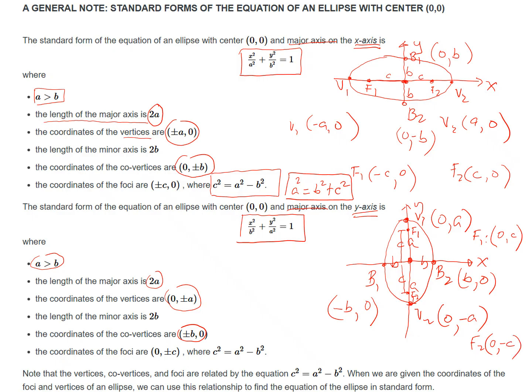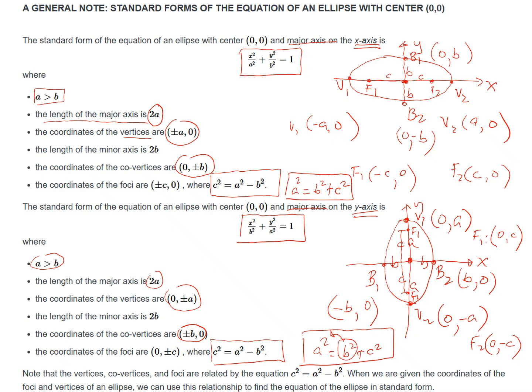Again, the relationship is that c squared equals a squared minus b squared, taken from the Pythagorean theorem, a squared equals b squared plus c squared. Originally this is the equation, but since we're talking about c, we transpose it to the other side.